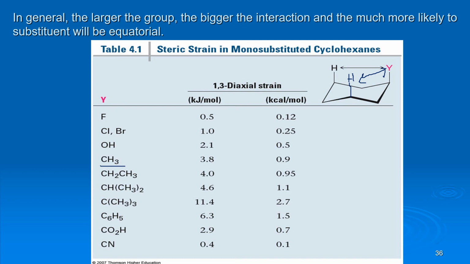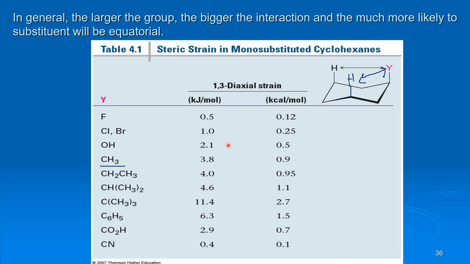We were just looking at bromine, which is lower energy. You can see that axial, bromine's a smaller group than a CH3 group, so it has a lower energy. It's not as much in the way of the hydrogen. So this would only have a 2 kilojoule per mole energy between the bromine and the 2 hydrogens.